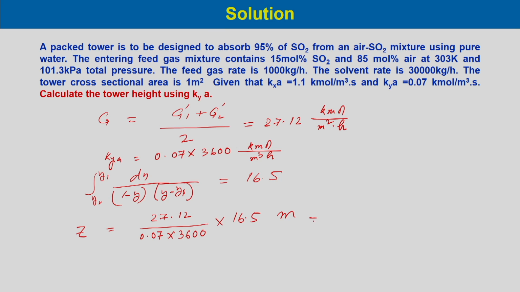If we calculate, this would be about 1.78 meter. So, this is the height of packing required for this particular problem.